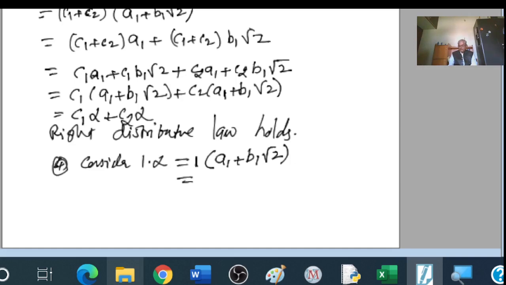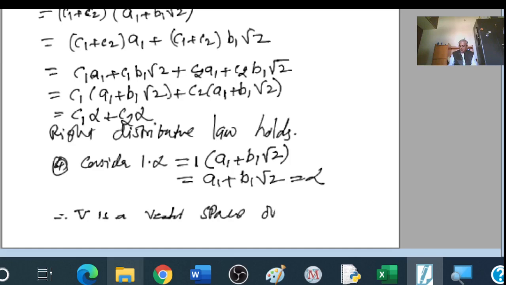Taking the multiplication, this is nothing but A1 plus B1 into root 2. This is equal to alpha. So 1 into alpha equals alpha. So all the axioms are satisfied. Therefore, V is a vector space over the field Q. Okay.